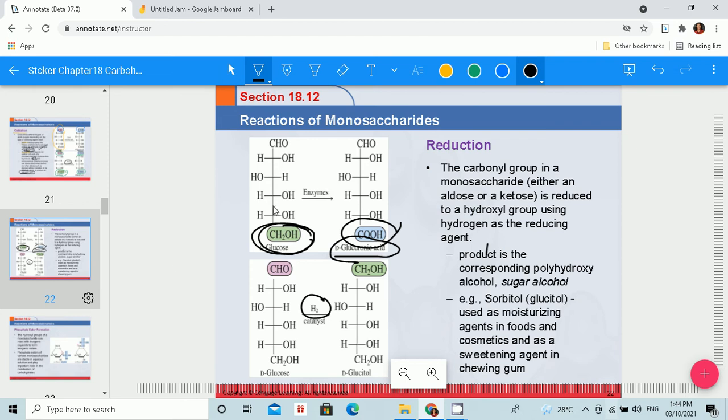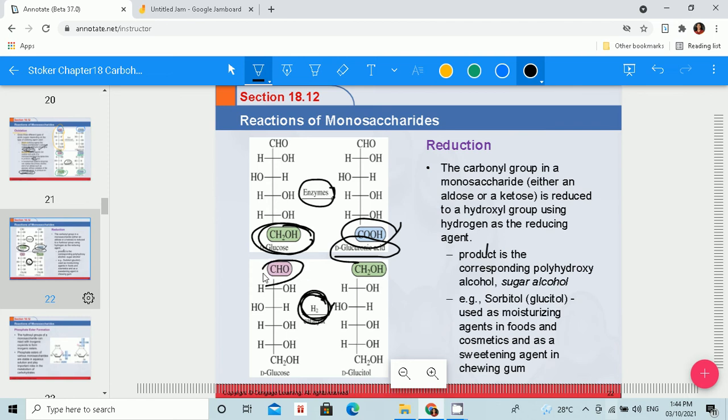In forming glucuronic acid, we used an enzyme as our oxidizing agent. This time let's use hydrogen as our reducing agent. So when we use hydrogen here, the product will be an alcohol.